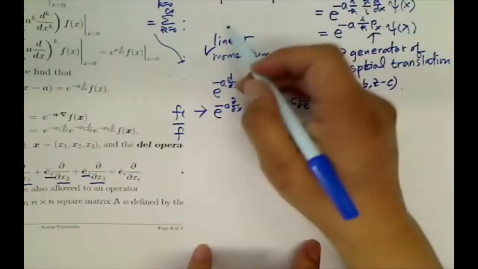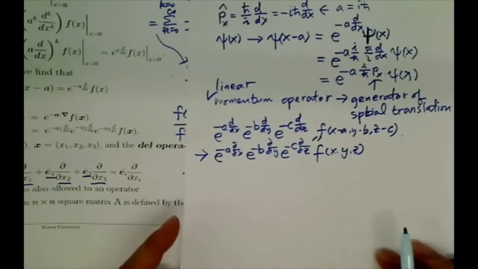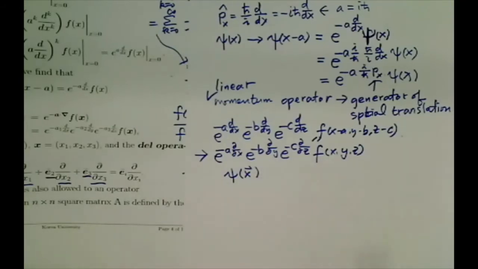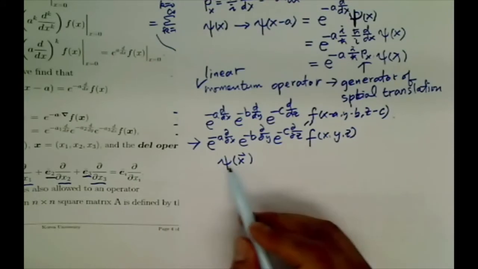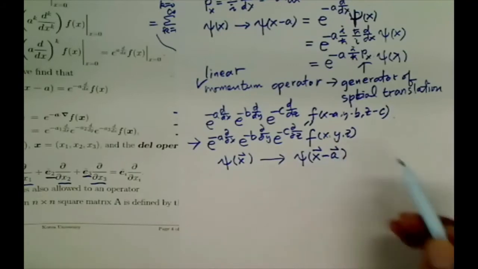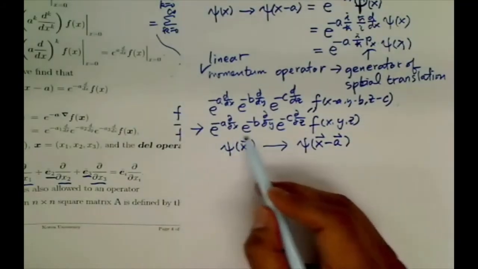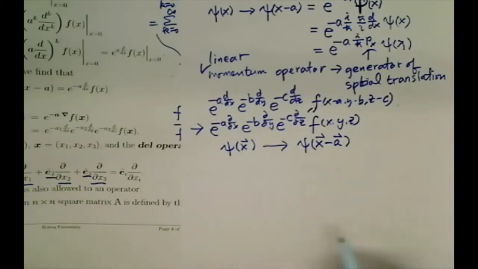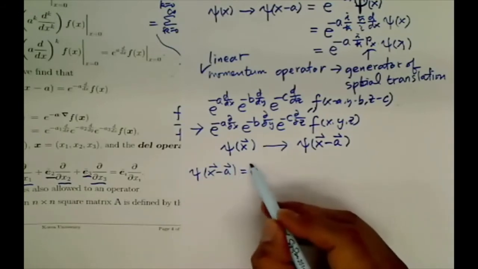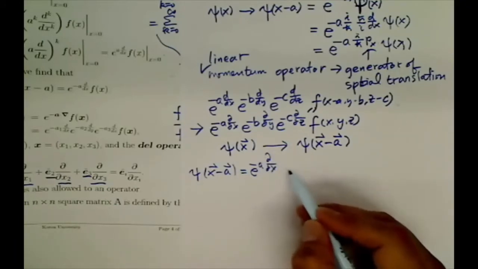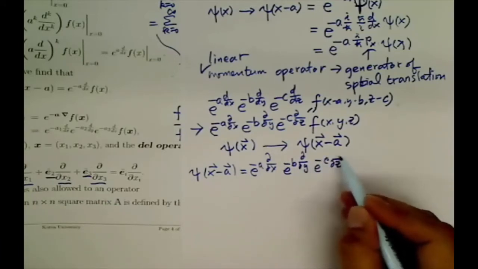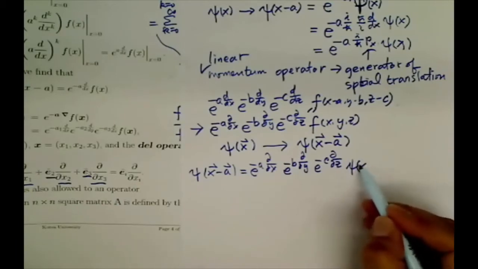Just like what we have done with the wave function, suppose that we have a wave function of a particle at x. I want to move this particle by vector a as a displacement. Then I need to apply this amount: psi of x minus a equals e to the minus a... psi of x vector.